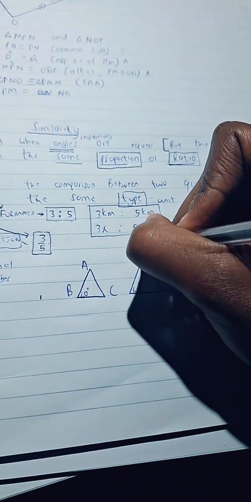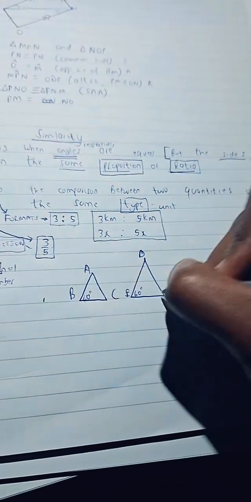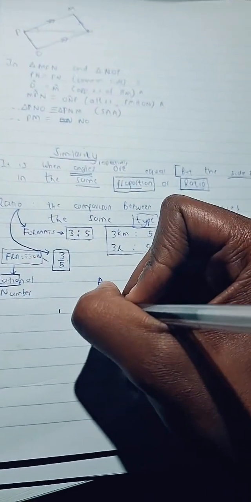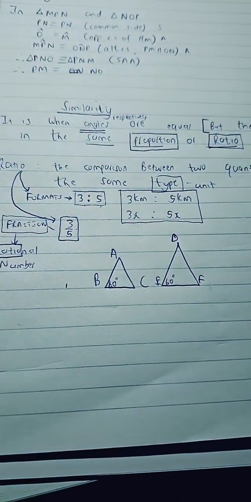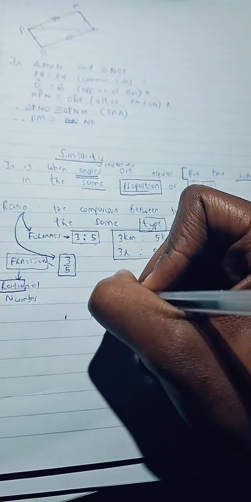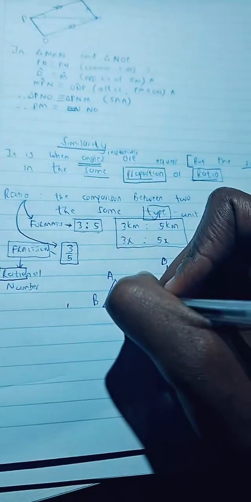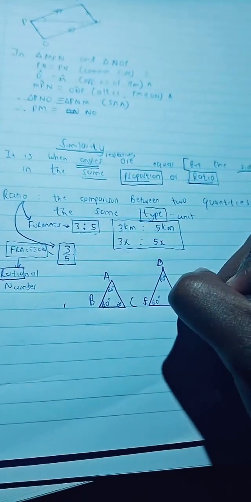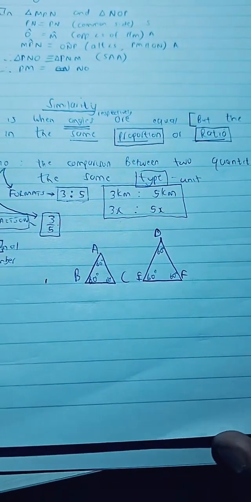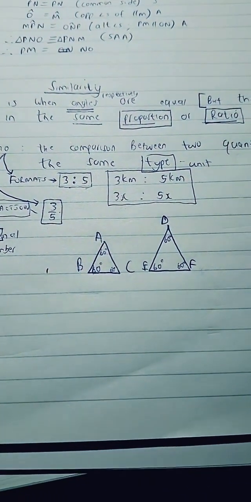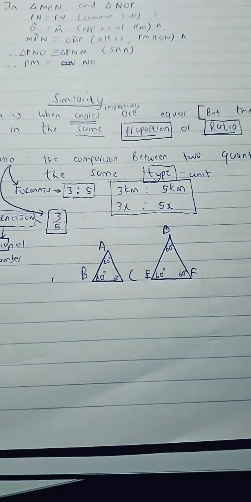This is triangle DEF. All right. So let's say this is 60 degrees. And this is also 60. And that is also 60. And let's say that is 60. And that is also 60. I'm doing this very deliberately, guys. Very deliberately.